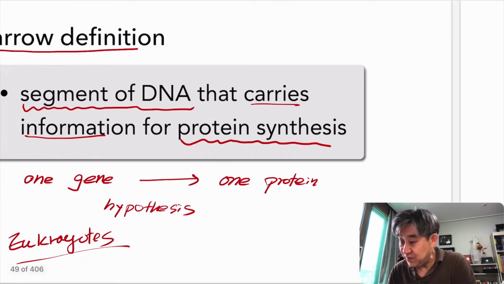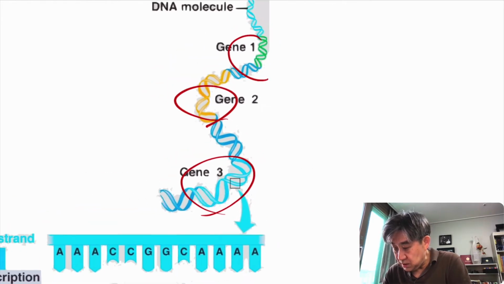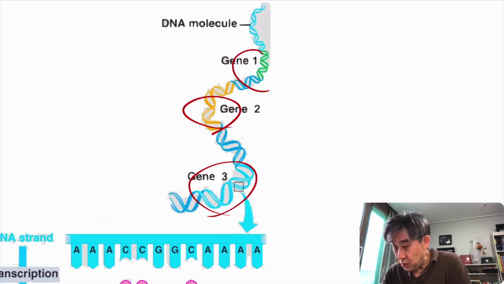What's wrong with that? First off, under the one gene, one protein hypothesis, there is one gene, and another gene, then a third gene. Although in this description there is no intergenic region, in reality, of course, there are many. These genes should be separated by huge areas of non-gene, intergenic regions.